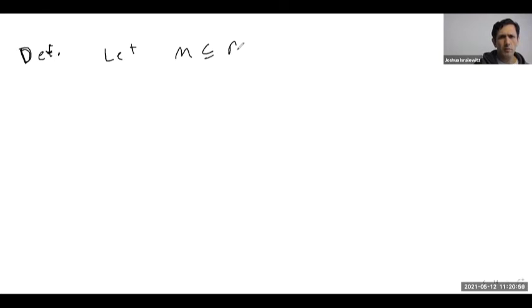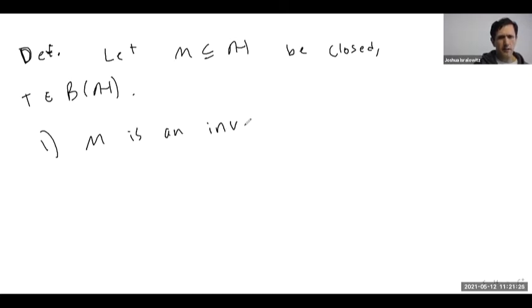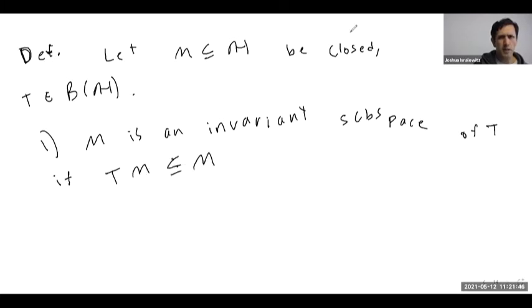So let's say we have a closed subspace M of a Hilbert space H. Now let's say T is a bounded linear operator on H. So we say M is an invariant subspace of T if the obvious thing is true: T takes M to M. So I should say really a closed subspace.